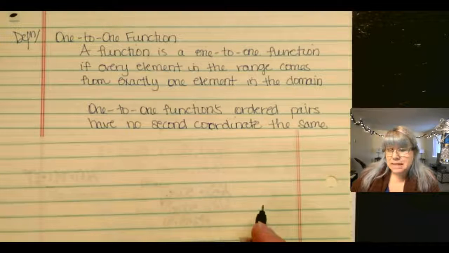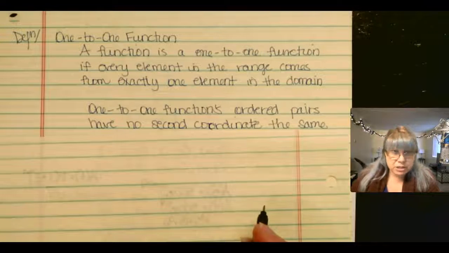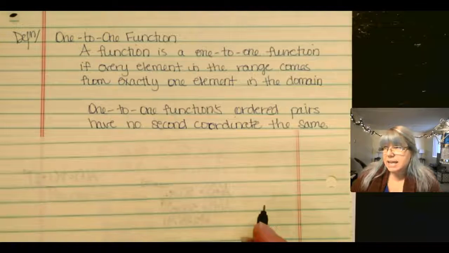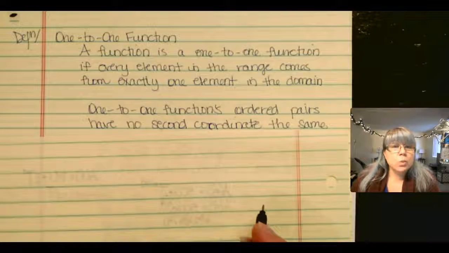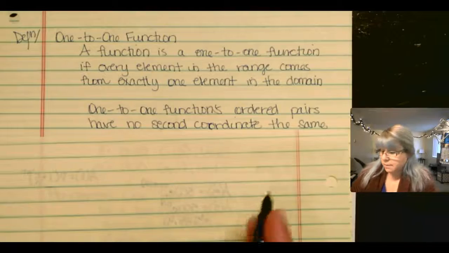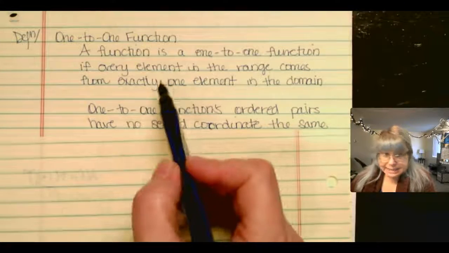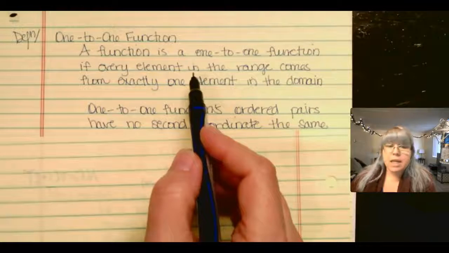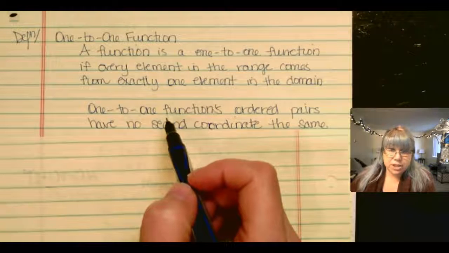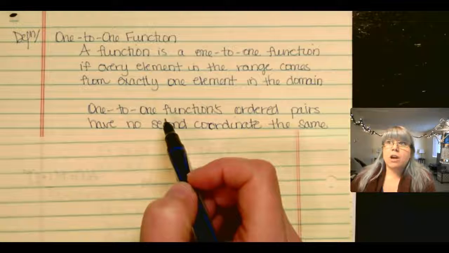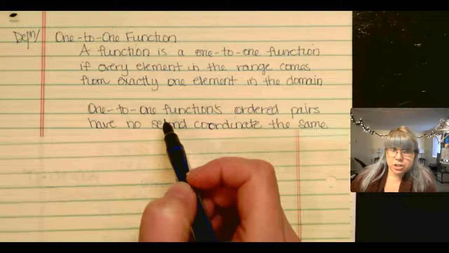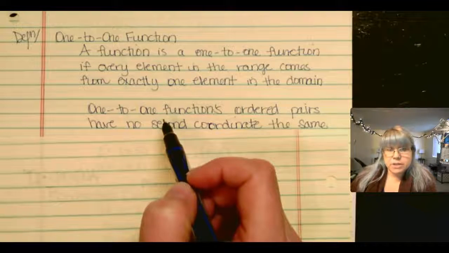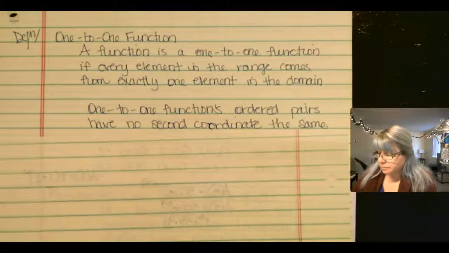But that doesn't mean that the inverse will never be a function. In fact, if the function is a one-to-one function, meaning for every x element there is only one y element, then not only is the original function a function, but the inverse is a function as well.